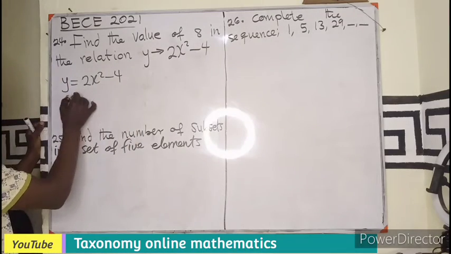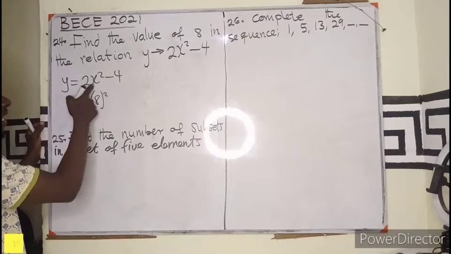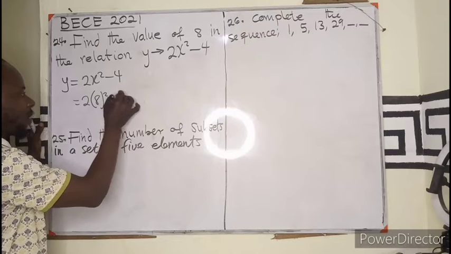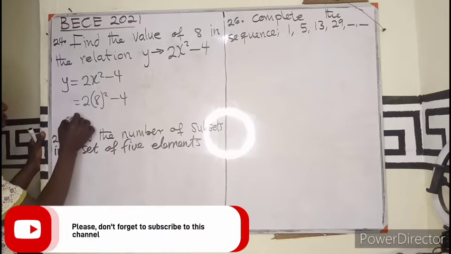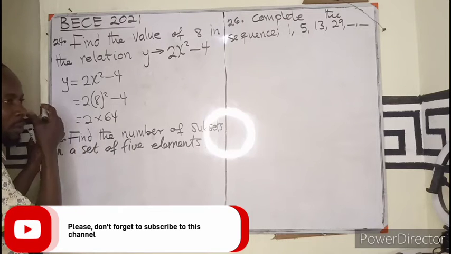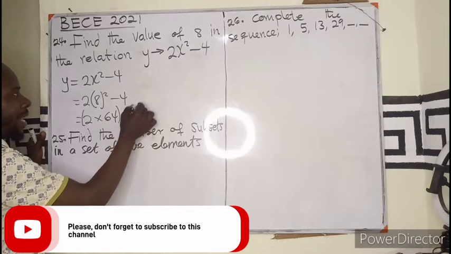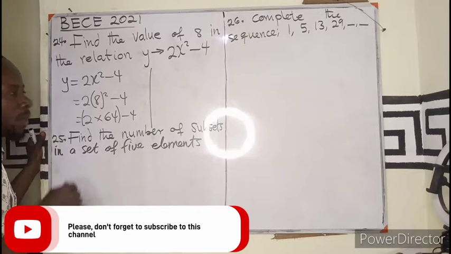So in this case, I'll have 2 into bracket 8 squared, that is x squared, minus 4. So this will give us 2 times 8 squared, which is 64. Then 64 is multiplied by 2, minus 4.